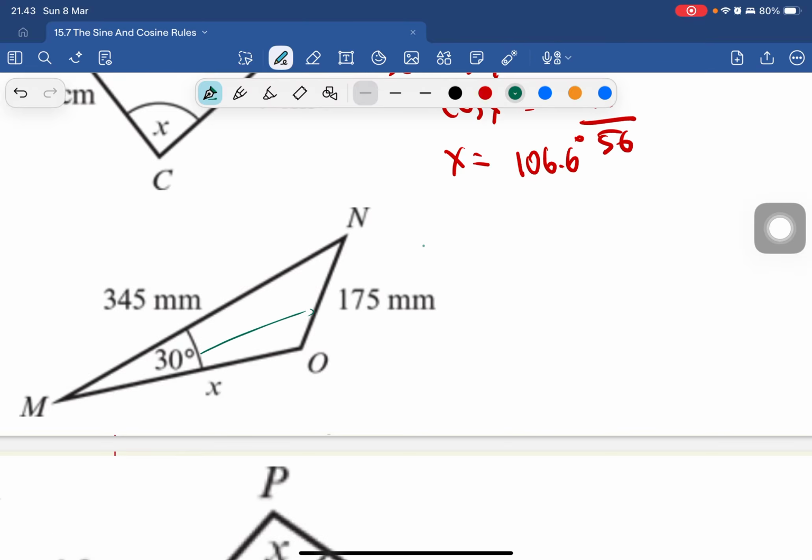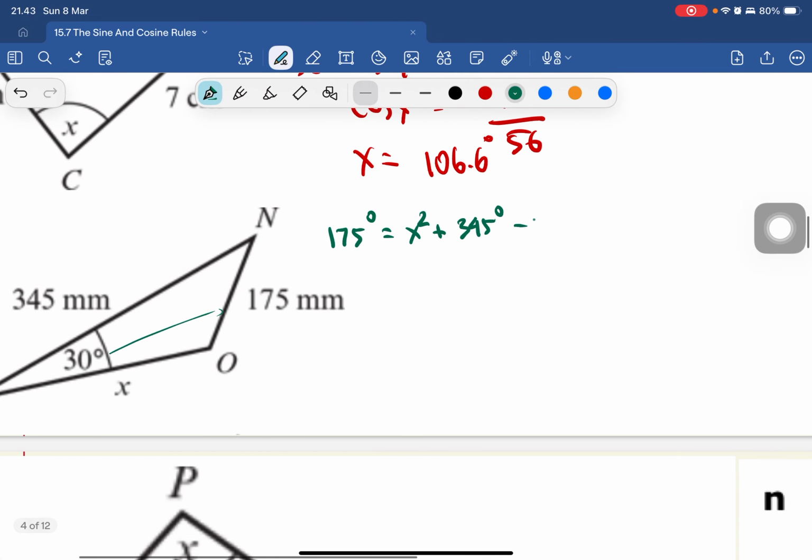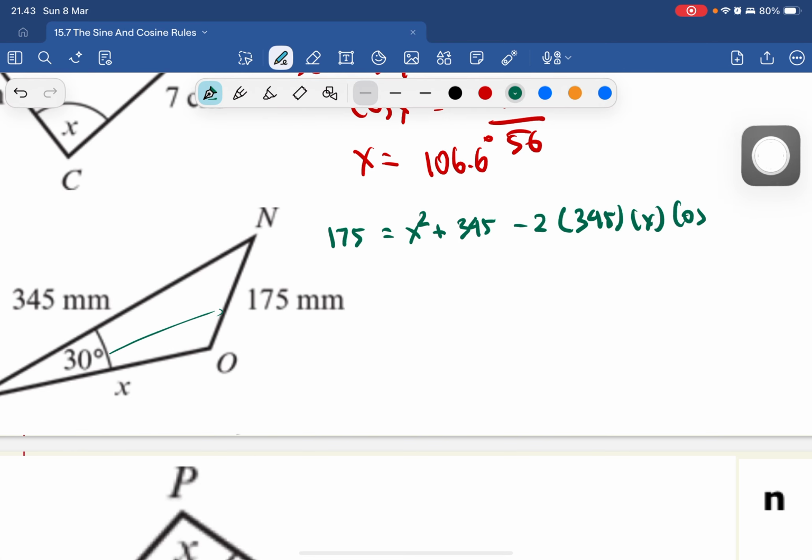Okay, in front of it, so 175 degrees equal to x squared plus here 345 degrees minus, not degrees, this is a length, so 2 times 345 times x and we multiply with the cos 30 degrees.